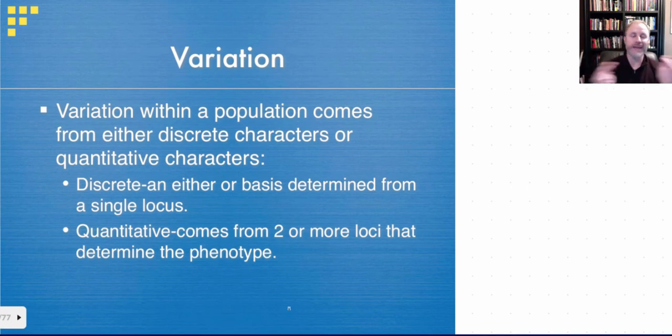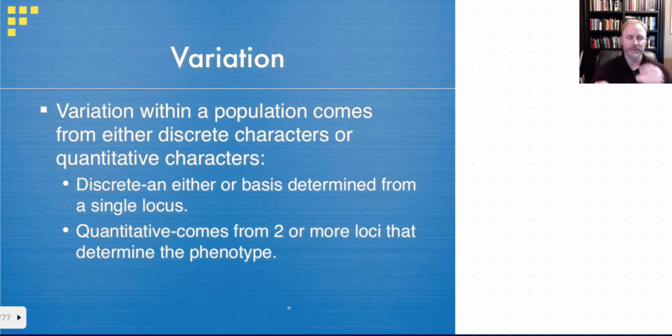So in other words, you're not one or the other. You can be any of the in between. So we talk about discrete or discontinuous, okay? And we talk about quantitative or continuous. And usually with quantitative, as it says here, you've got 2 or more loci that are responsible for determining the type of phenotype. So skin color and height are 2 examples of quantitative or continuous types.